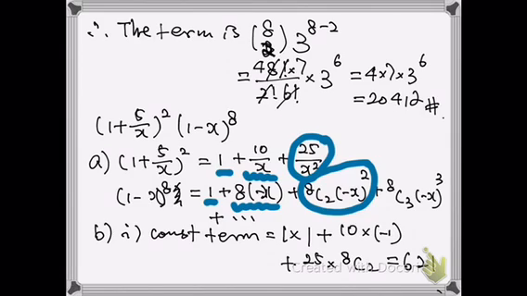Next one we're looking at is the x term. The x term comes from the first one being constant and the second one being x.